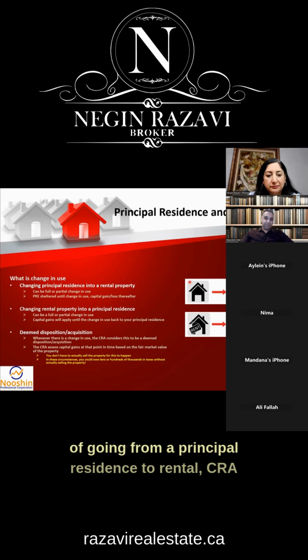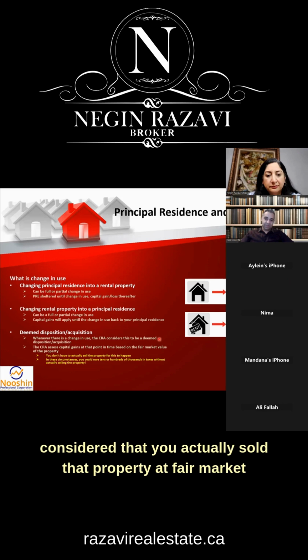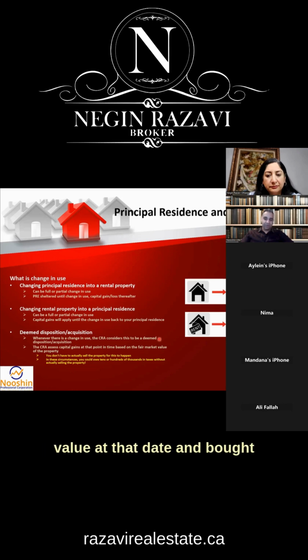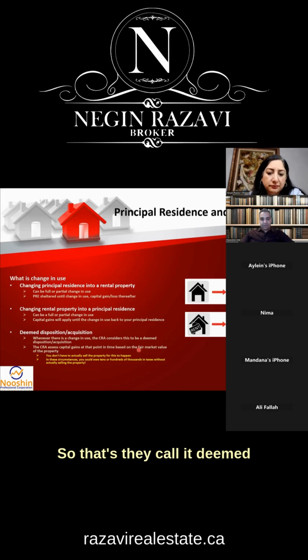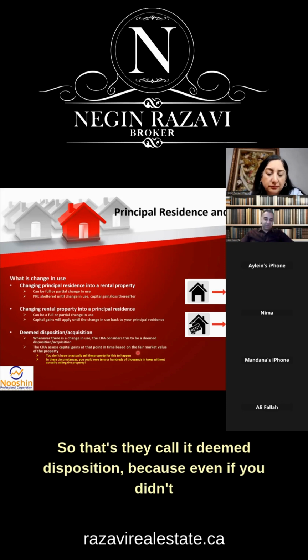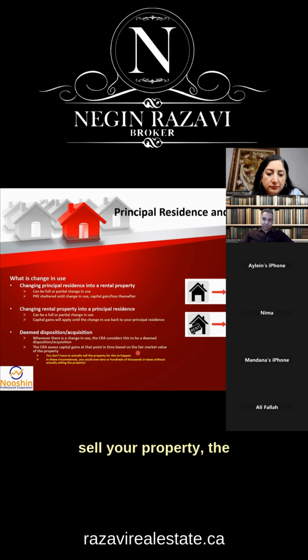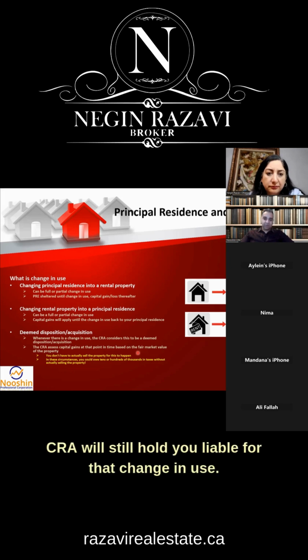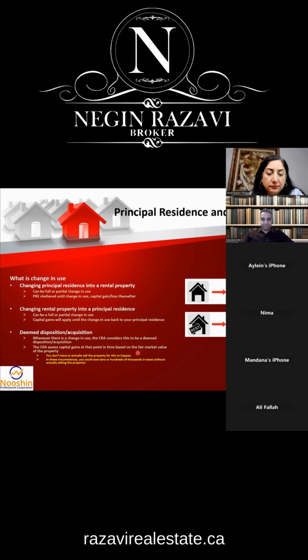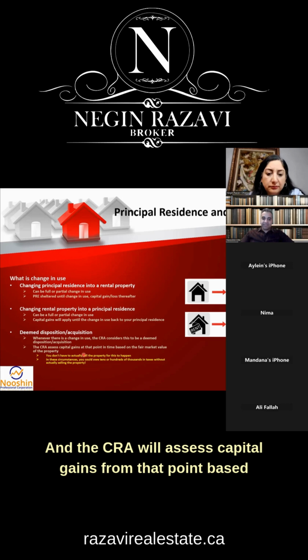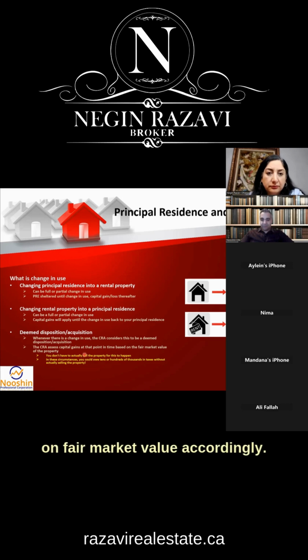So in the example of going from a principal residence to rental, the CRA will consider that you've actually sold that property at fair market value at that date and bought it back at fair market value. So that's why they call it deemed disposition, because even if you didn't sell your property, the CRA will still hold you liable for that change in use. And the CRA will assess capital gains from that point based on the fair market value accordingly.